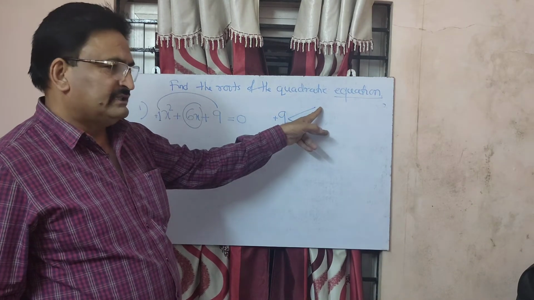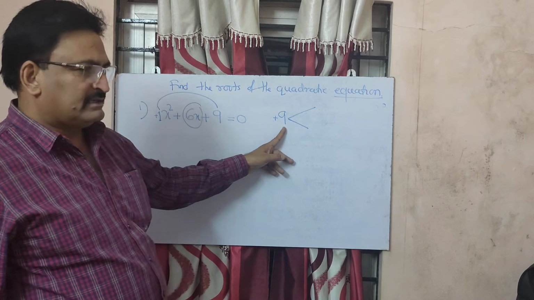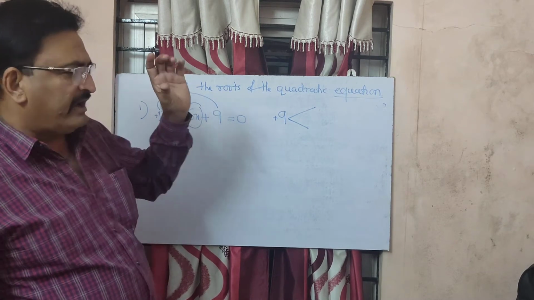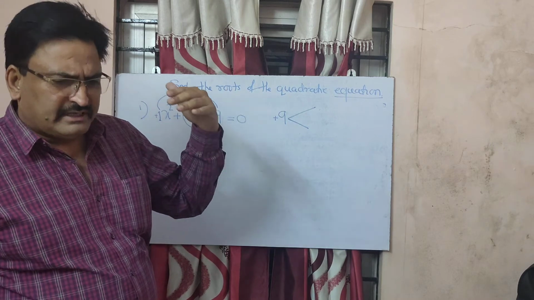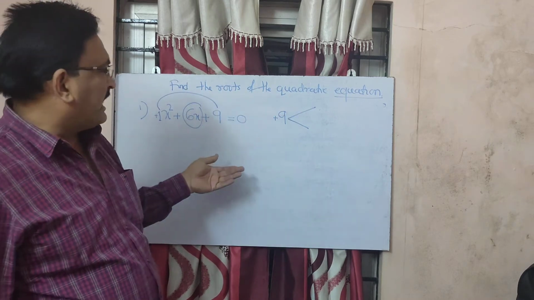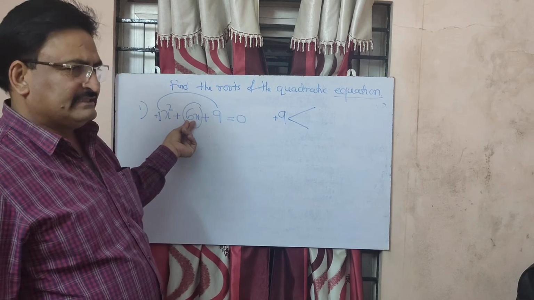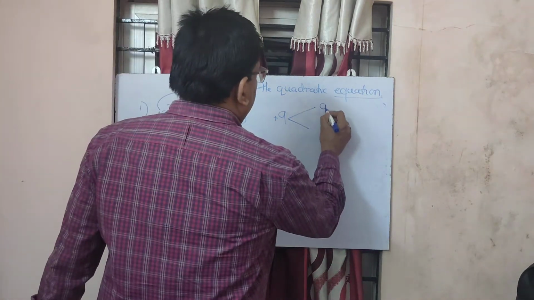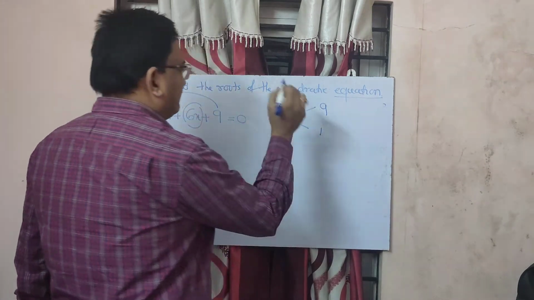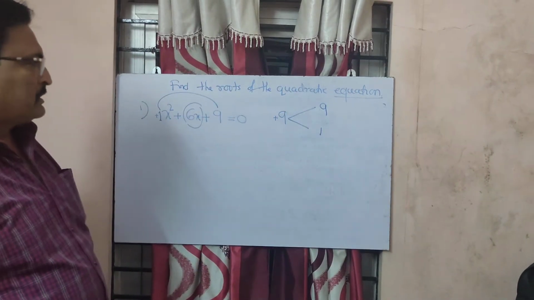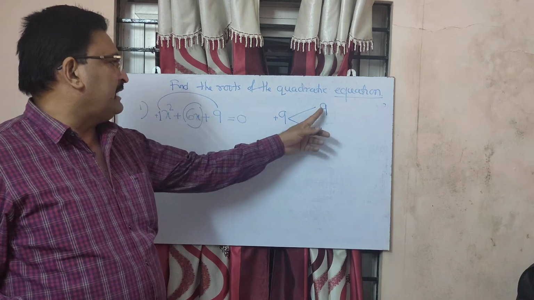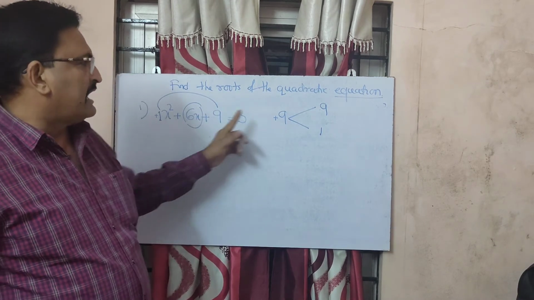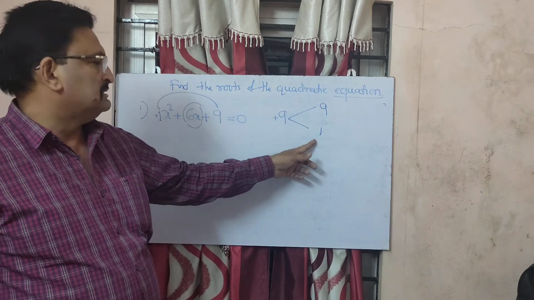And if we add or subtract them, it may be addition, it may be subtraction, we should get 6. So what are those numbers? Let us take 9 and 1. 9 into 1 is 9, very fine. But if you add, 9 plus 1 is how much? 10. We have only 6 here. 9 minus 1 is not possible.